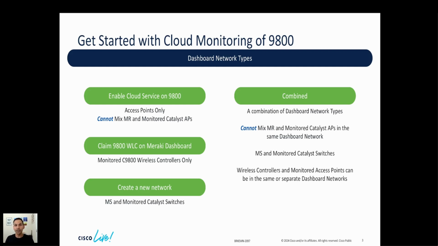So there are three simple steps. We need to go into the 9800 wireless controller, then go into the cloud services and say enable network. Then we have to come into the Meraki dashboard.